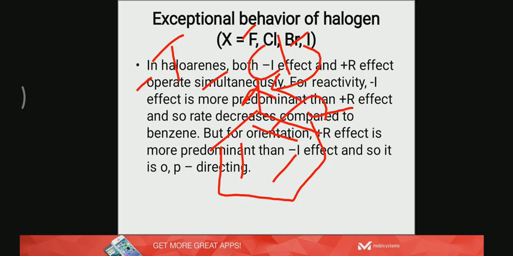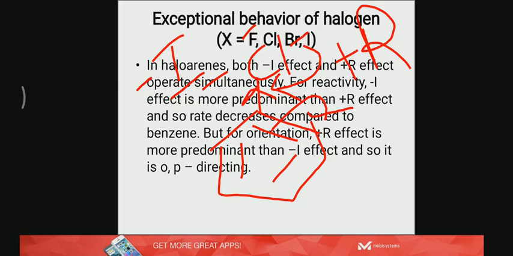One is minus I effect, in which electron density is withdrawn by Cl from the ring, and the next is plus R effect. The lone pair on halogen is going to the ring. So these two effects operate simultaneously. So what happens? It has a mixed behavior because there is a competition between two effects in opposite directions.